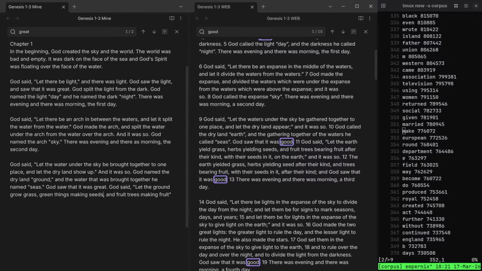Making seeds. I could say making seeds just like them. And fruit trees making fruit just like them. Oh. Making fruit with seeds inside just like them. Just like the trees. Okay.